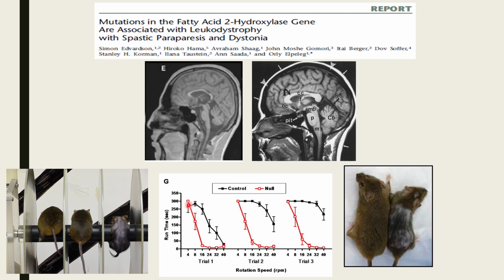And as you can see on the first day, even everybody didn't do very well towards the end as it got really fast. But look at what happens on day 2 and day 3, that even at this super fast speed where they are running to stay onto the rotating bar, the guys that don't have a messed up cerebellum are doing just fine. They're able to run on there for almost 3 to 4 minutes without falling off.